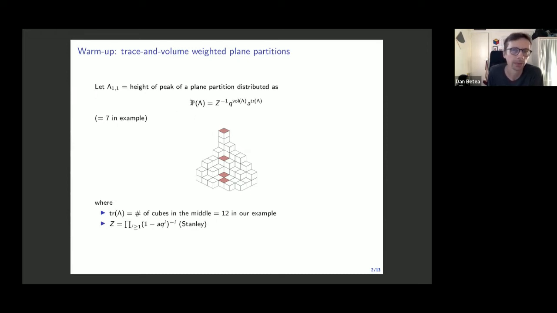And for the purpose of this talk, I'll always be interested in extremal statistics. So I'll be looking at the height of this guy, at the distribution of this guy under this measure. I can look at other things. I can look at the distribution of this guy. I can look at joint distributions. That's not important. I'll just focus on this guy.